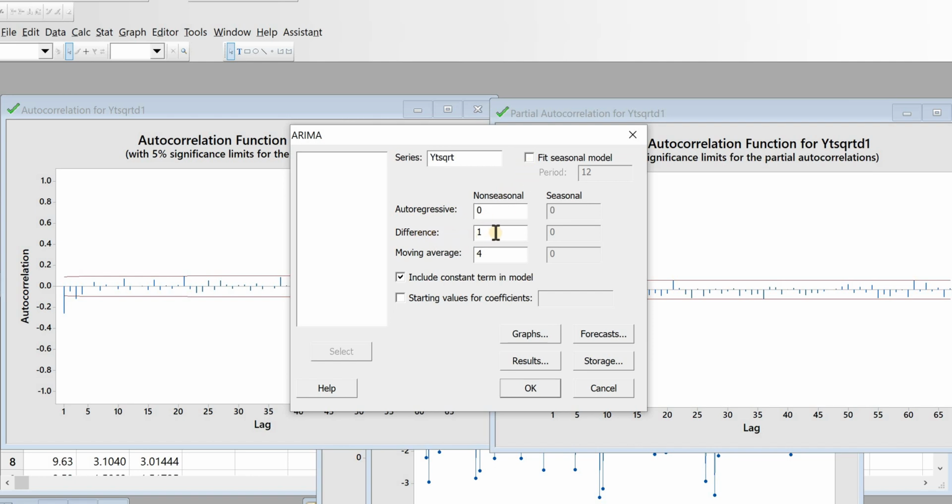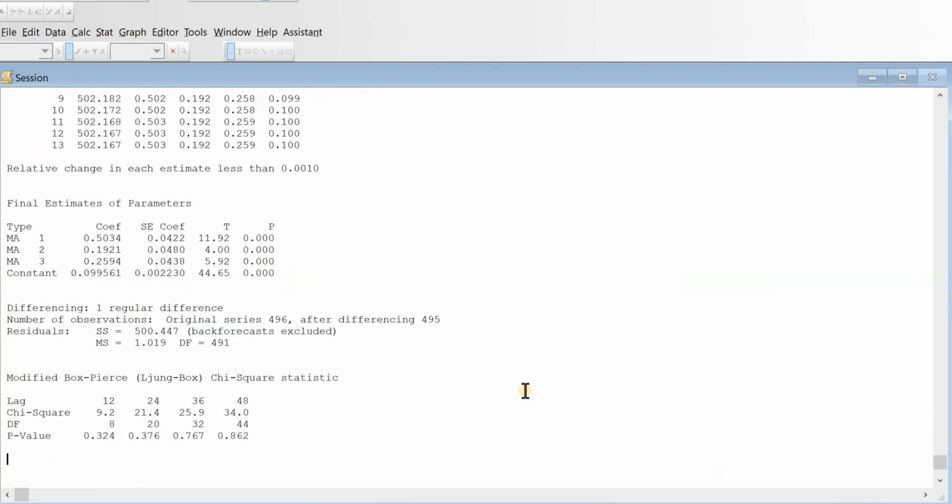So we take differencing 1 time, and the model that we want to identify is MA3. Here for the constant, we have the option whether we want to include it in the model or not. So we just include the constant first and see whether the constant is significant or not.